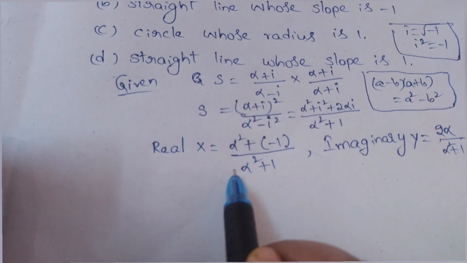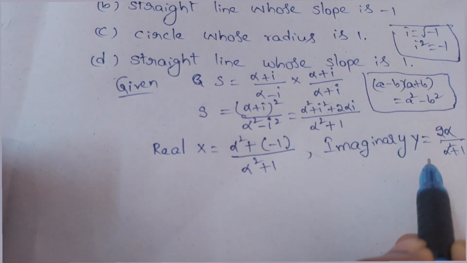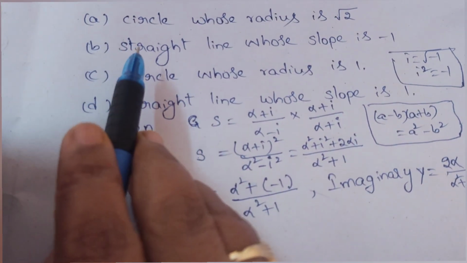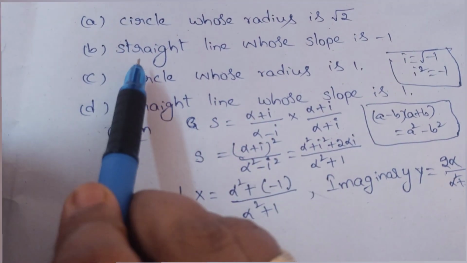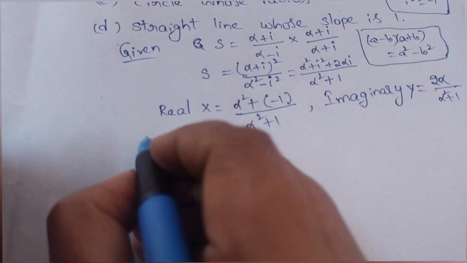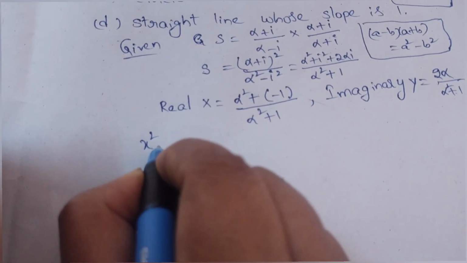Now we know the x value and y value. Now write these x and y values in the options. They said circle, whose radius, and straight line, whose radius. So I will take the circle, that is x square plus y square.